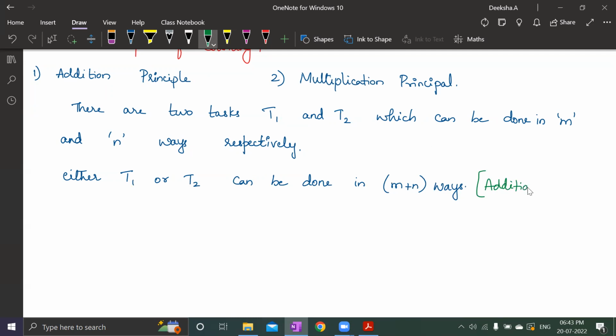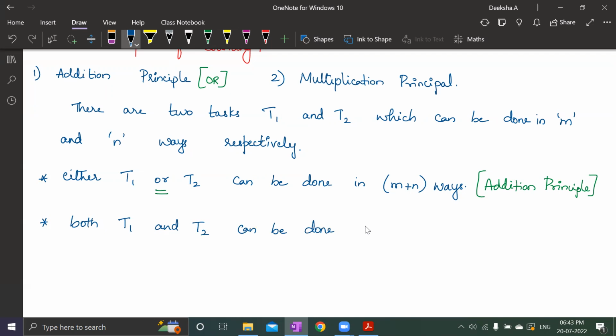This is the addition rule, or addition principle. So if you are using the word or, we will see examples, then it will be very clear. If we are using the word or, then we need to add. Both T1 and T2 can be done in m into n ways.